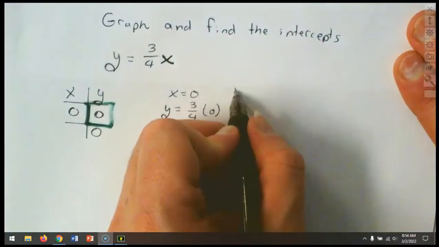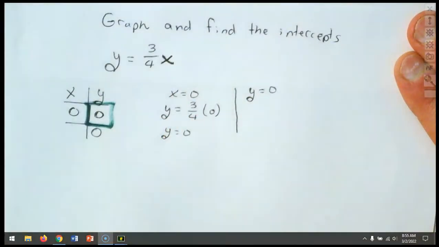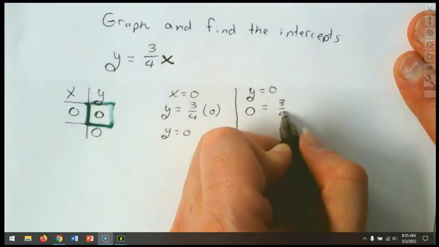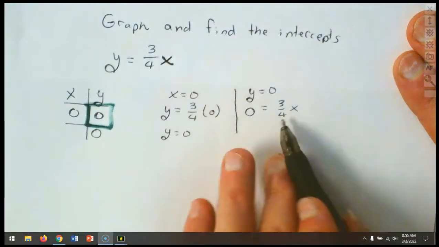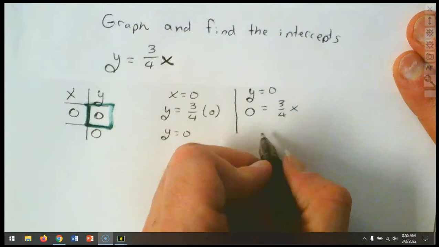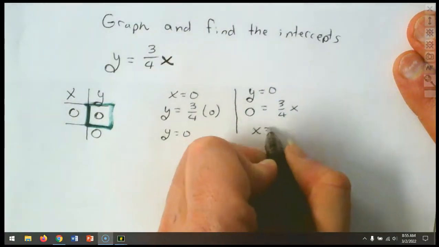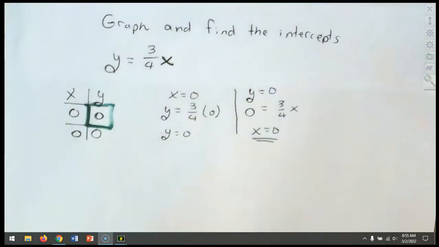So if you plug in y equals 0, it's going to give you the same thing, right? So if I use y equals 0, it gives you 0 equals 3/4 x. And the only thing we can multiply times that 3/4 to make it 0 is 0. So we can clear the fractions, just work with it, but we know that x is also going to be what? 0. Now we have a problem.